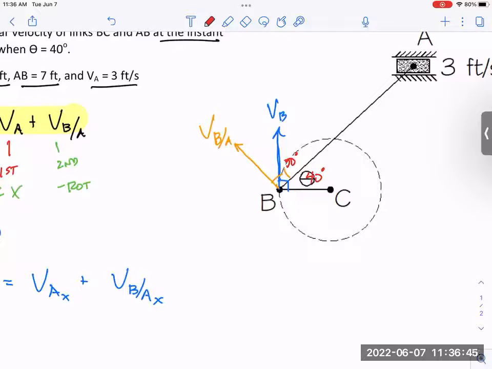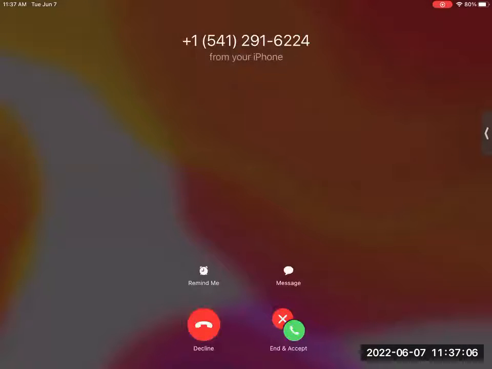And then since the orange 90, isn't this also 40 degrees over there? So thanks to the snapshot in time I was given, I know all the angles in that picture. And so because of that 40 in trigonometry, can I convert those blue and orange speeds into horizontal and vertical?